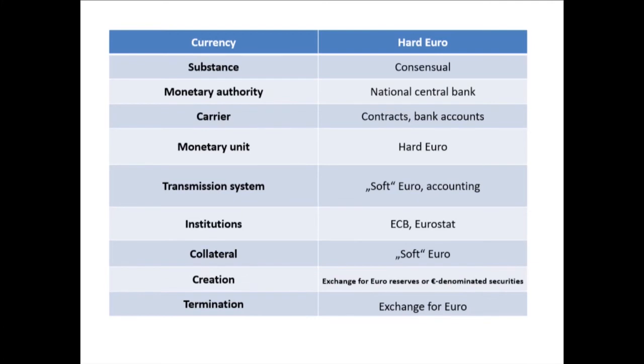Creating their own national currency in the cash form is impossible. It is prohibited by the Lisboa Treaty. That's the treaty of the functioning of the European Union. It's something like the European Constitution.